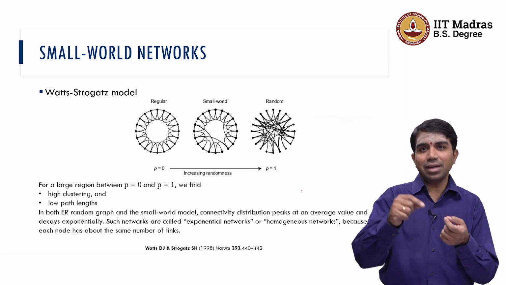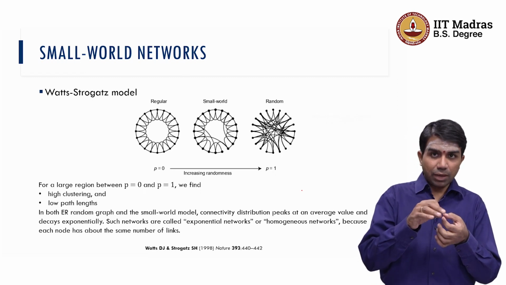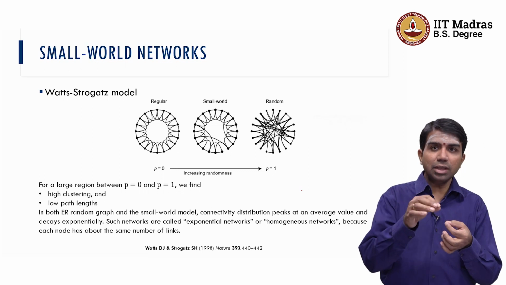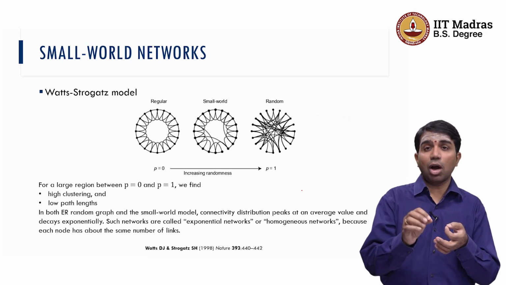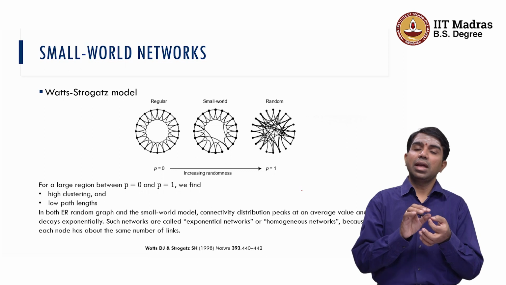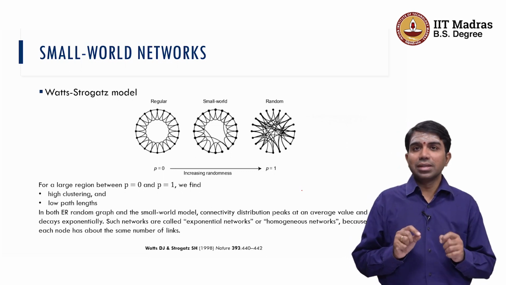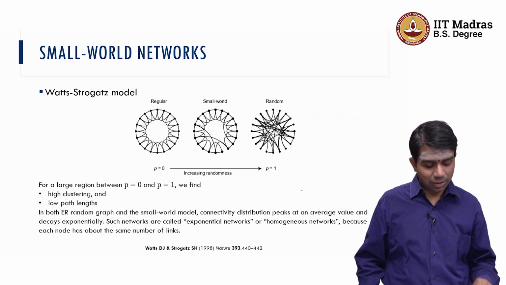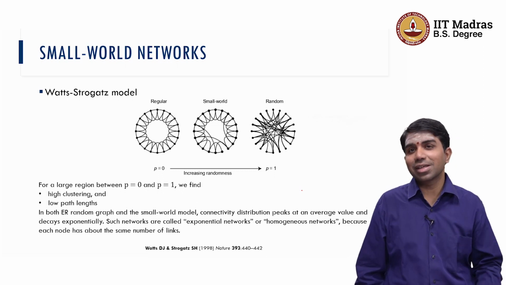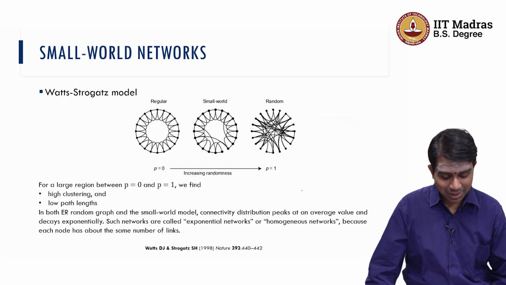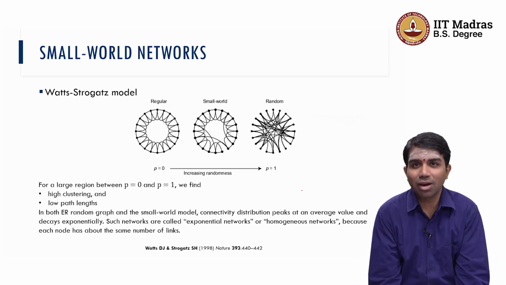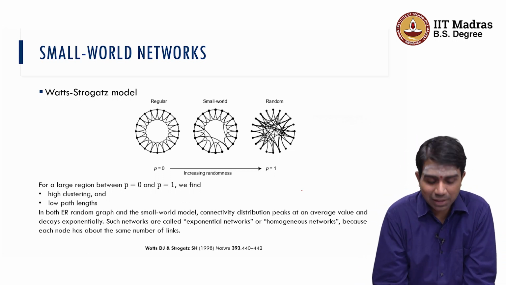This is actually a triad, but when A knows B and B knows C, what is the probability that A knows C? How often does A know C when A knows B and B knows C? So this interesting feature is what we call small world in the real world, and this is what Watts and Strogatz called a small world network in this context.